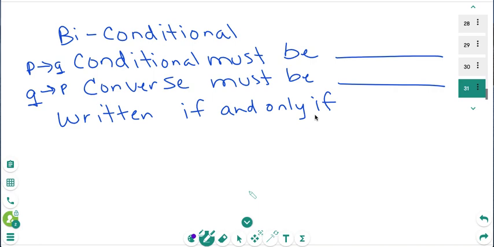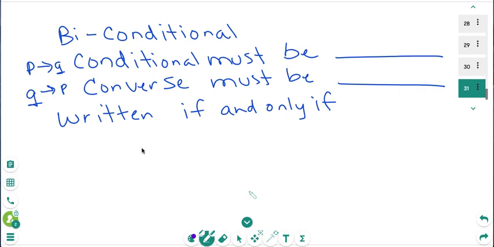Biconditional statements. If we have a biconditional statement, the statement is going to have the words if and only if in it. In order to determine the truth value for a biconditional statement, two things must be true.